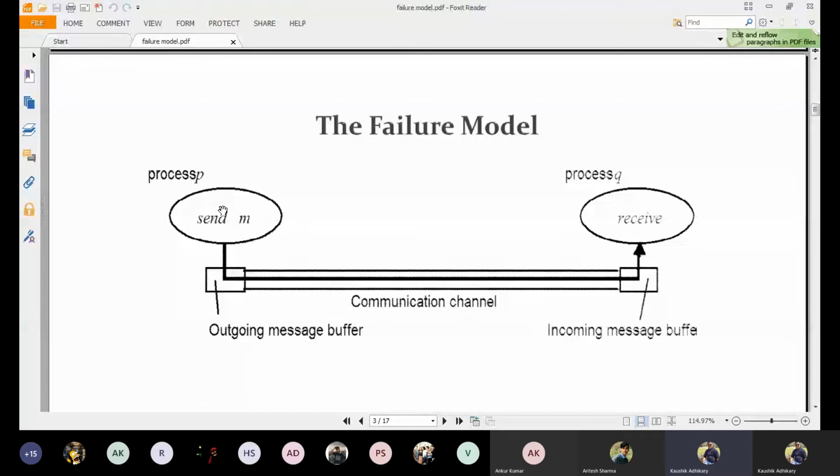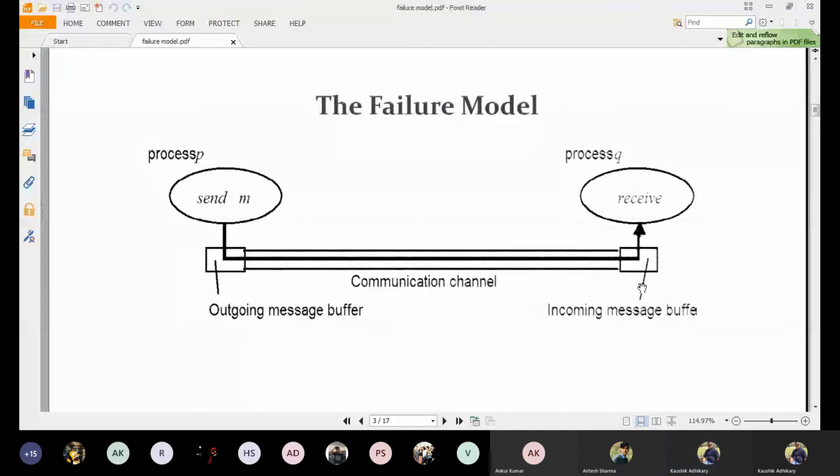The message buffer will forward the message to the incoming message buffer that is attached with the receiver. The incoming message buffer will send the received messages to the receiver.